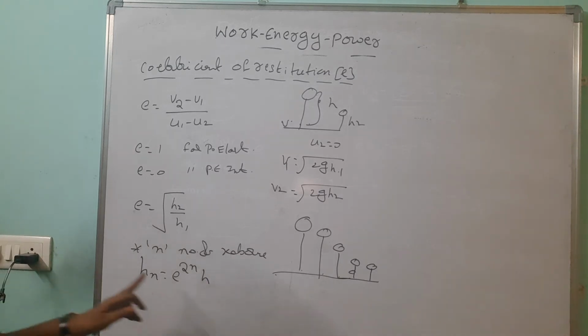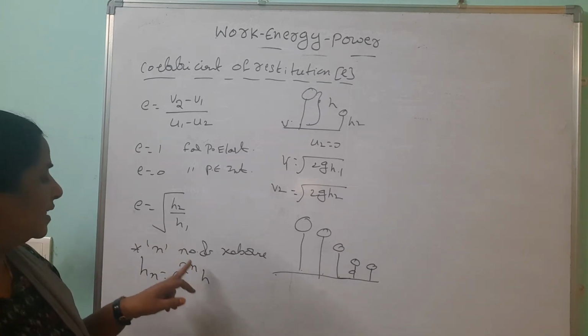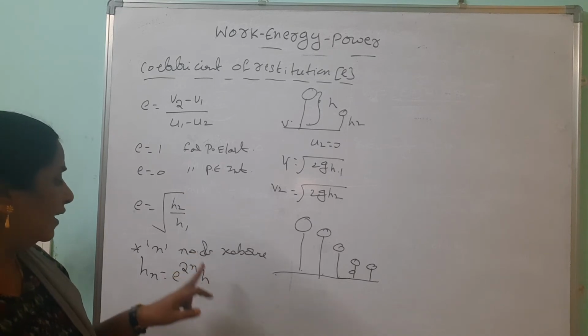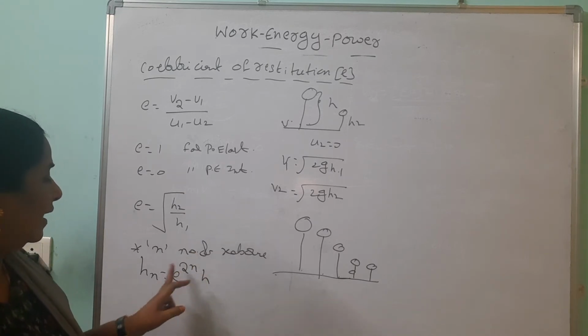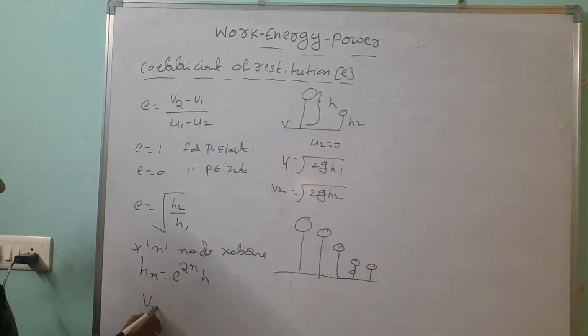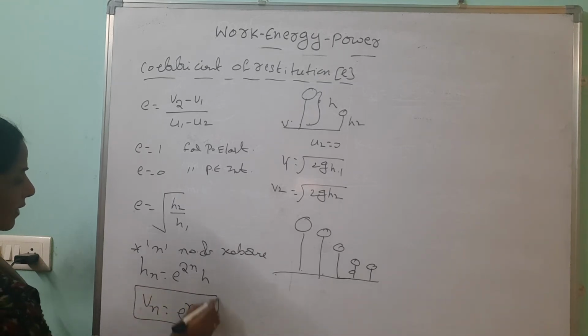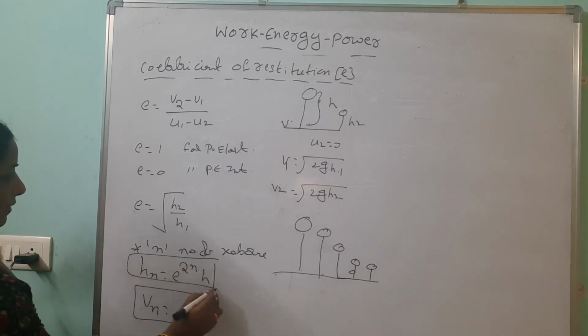Suppose E equals 1, h equals 100. For 2 rebounds, instead of 2n we take 2, instead of h we take 100, and instead of E we take 1. Then easily you can find out the height. Like that, for the nth rebound, velocity means e to the power of n into initial velocity. You must remember this one.